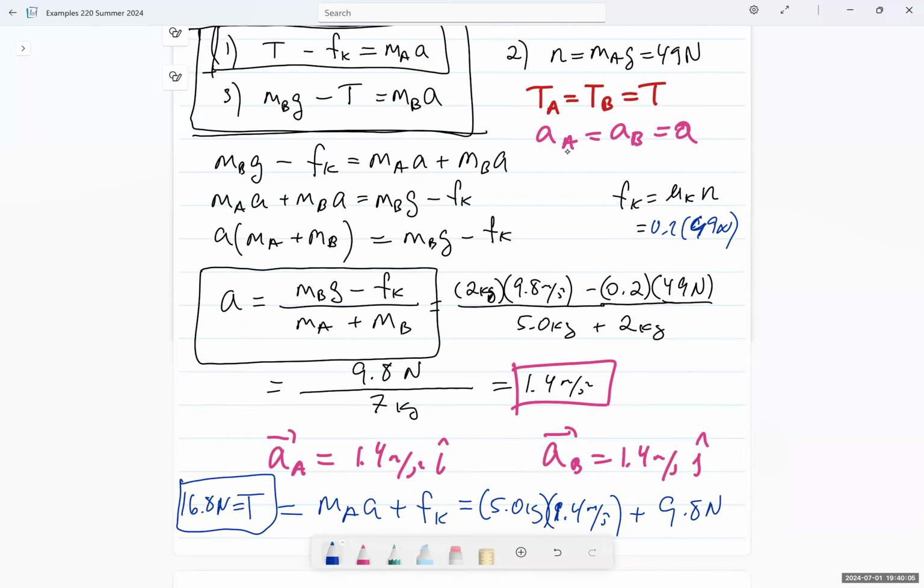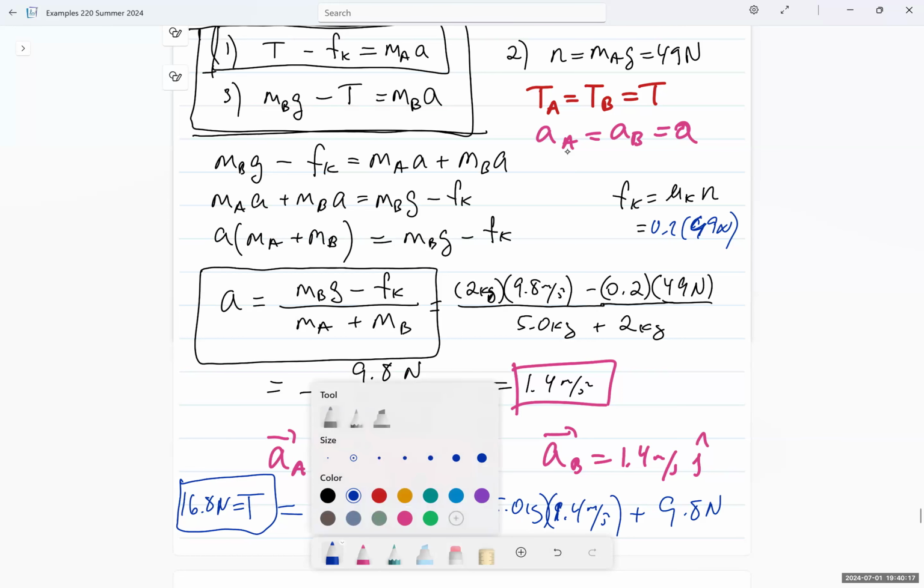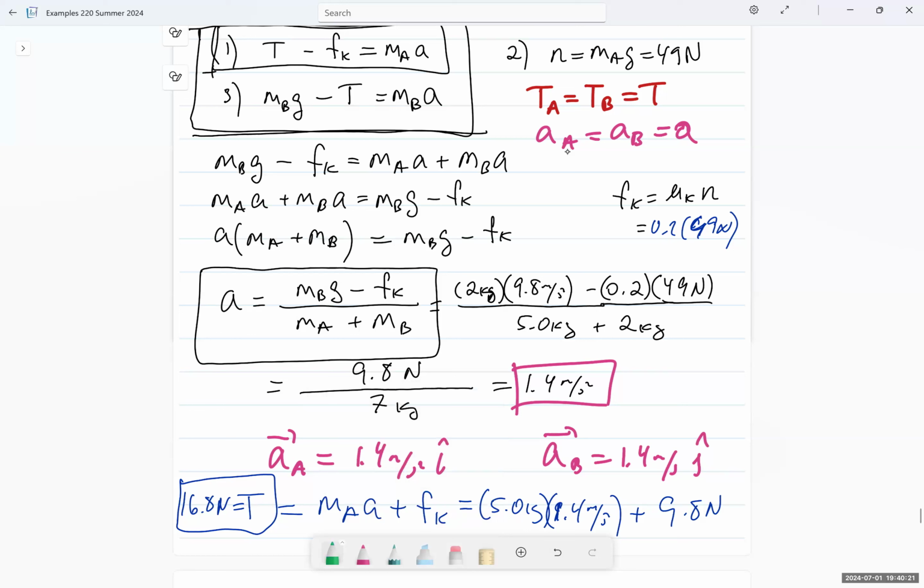Now, the idea for a problem like this is you usually have 4 variables. Those 4 are the mass of your box 1 and the mass of your box 2. They could be 1 and 2, or A and B, whatever. Basically, you're going to have 2 blocks, or boxes, and maybe 1 rope connecting them, and they're going to accelerate.